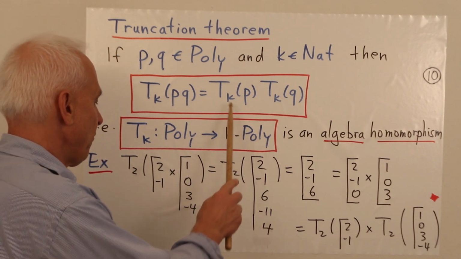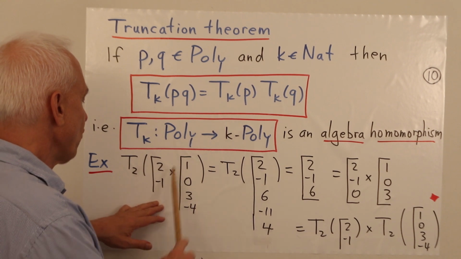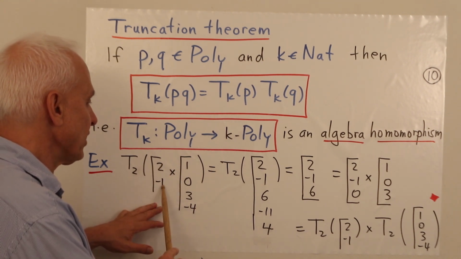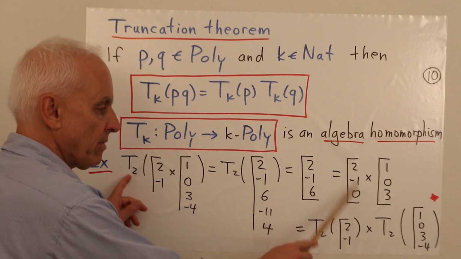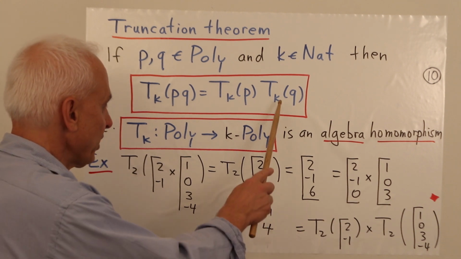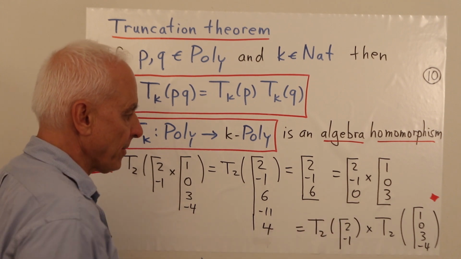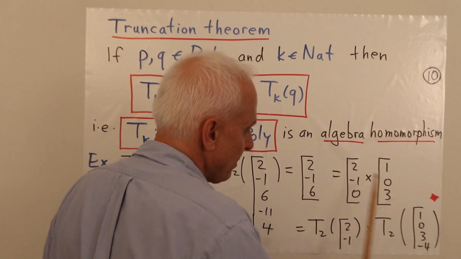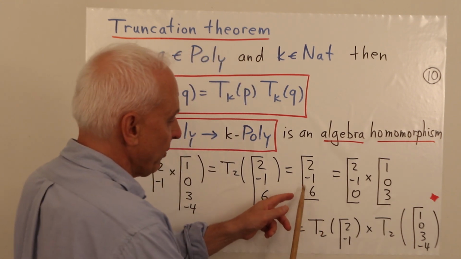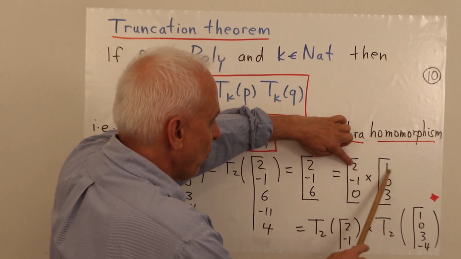So what's t sub k of p? The truncation of this one, 2 minus 1, that'll be 2 minus 1, 0. We're taking t sub 2, so we end up with a 2 poly. The truncation of this q is 1, 0, 3. And so now these are, in the world of k polys, let's just check that we get this. So 2 times 1 is 2.